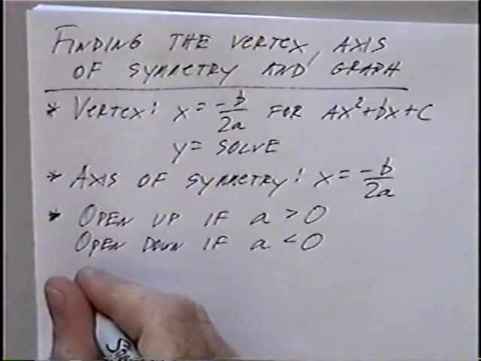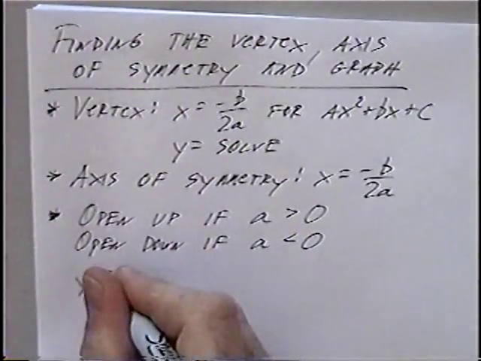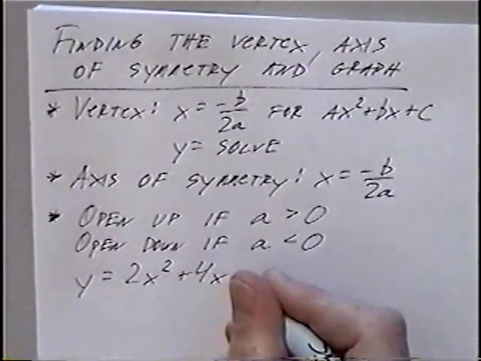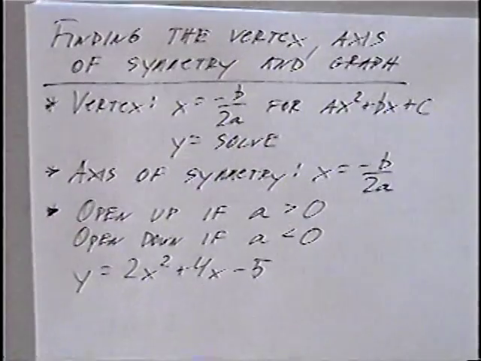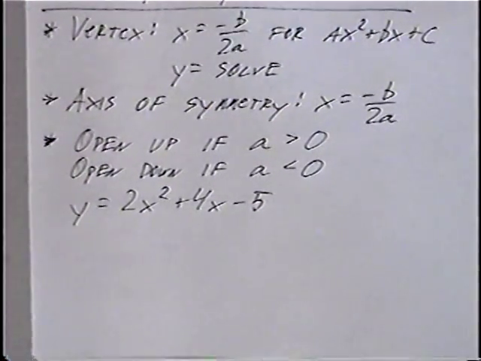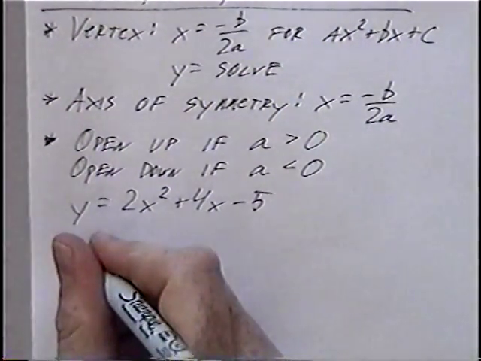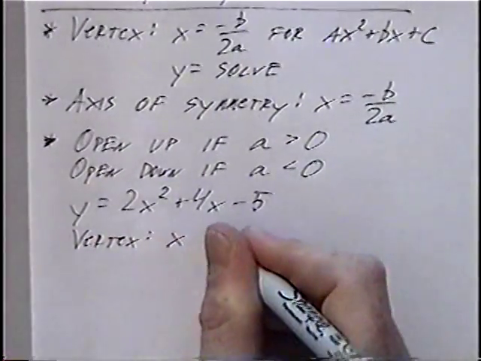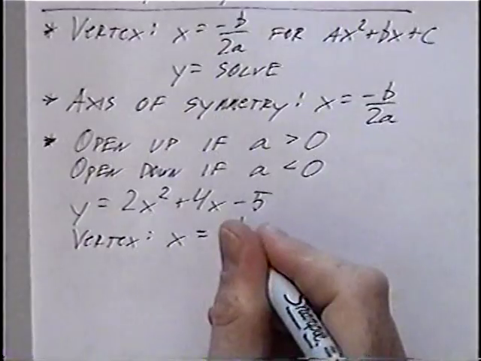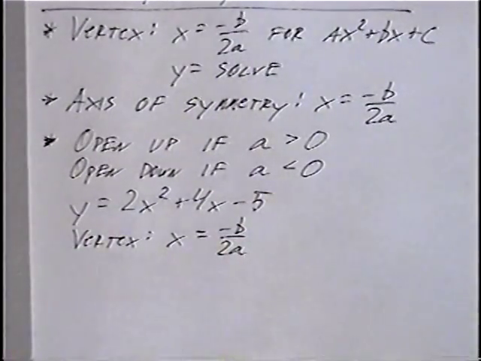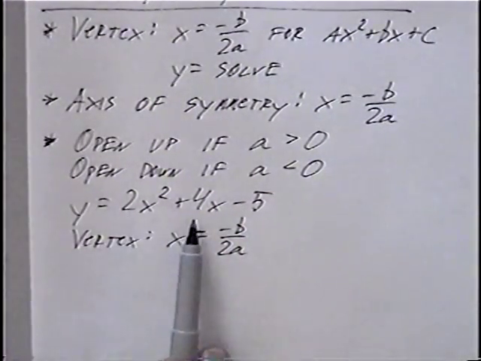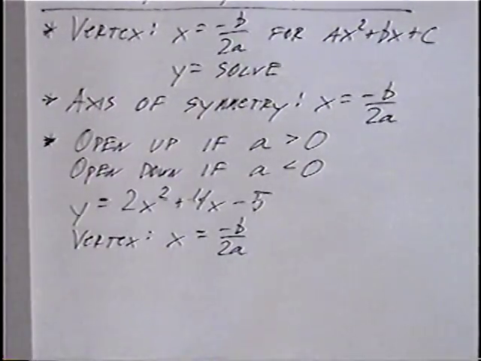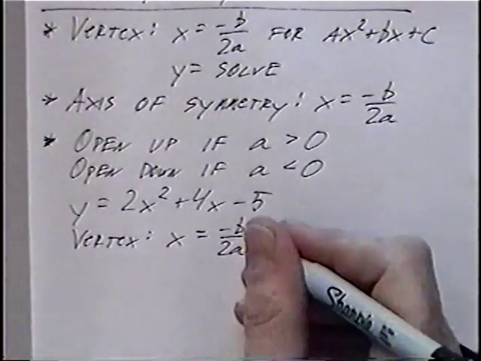First question we'll solve. y equals 2x squared plus 4x minus 5. To find the vertex, again we'll use the equation negative b over 2a. a is the number in front of x squared, b is the number in front of x, and c, which we'll get to in a little bit, is negative 5, the last number.